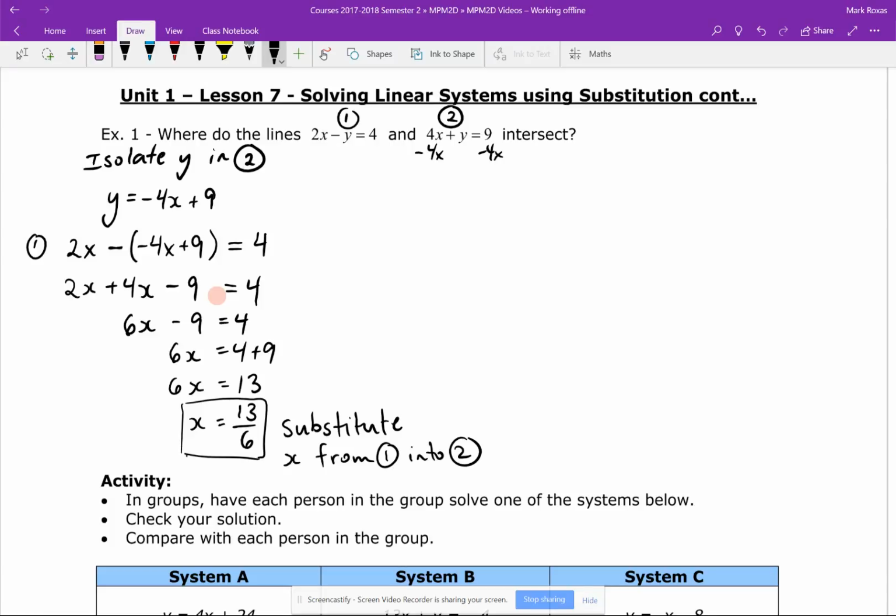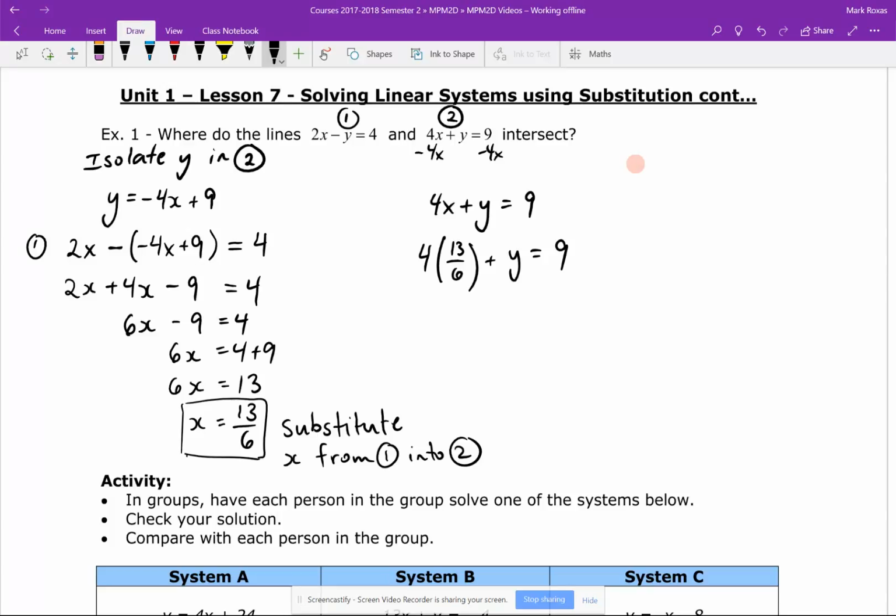Let's say 4x plus y equals 9. Now you can use equation 1 as well. Any of the equations will give you the right answer, but I'm just going to use a different equation for the sake of using a different equation. And so here my x is 13 over 6, so 4 times 13 over 6 plus y equals 9.